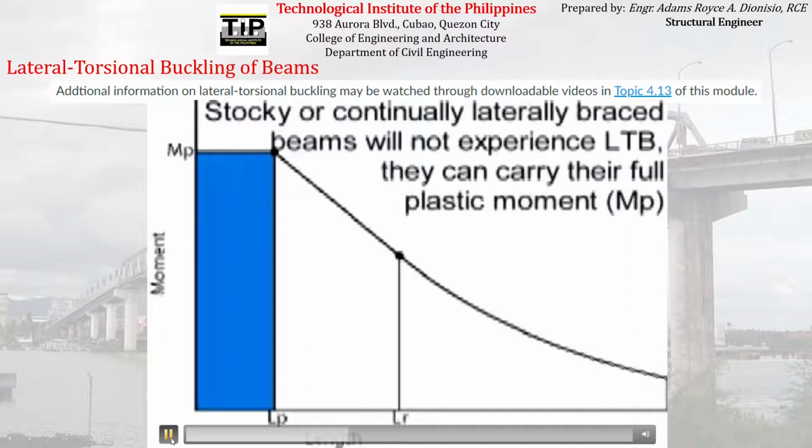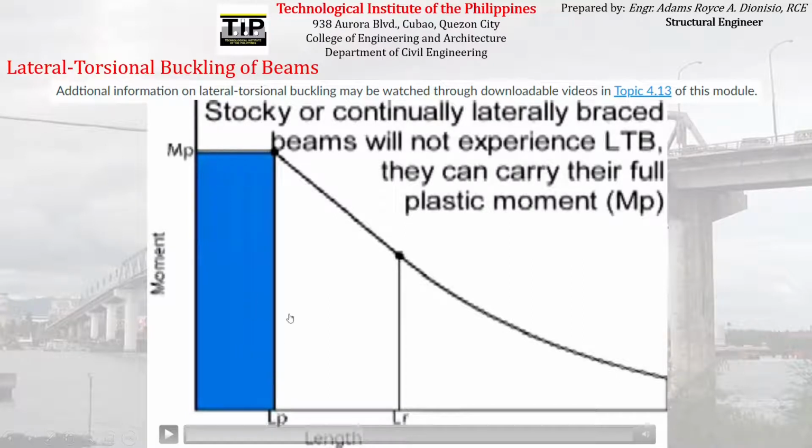Up to that certain magnitude of unbraced length, LB. Hanggang diyan sa magnitude ng LB na yan, kunyari yung spacing between one bracing to the other is less than or equal to LB, there is a high chance na ma-attain niya yung maximum capacity niya, which is equal to the plastic moment.